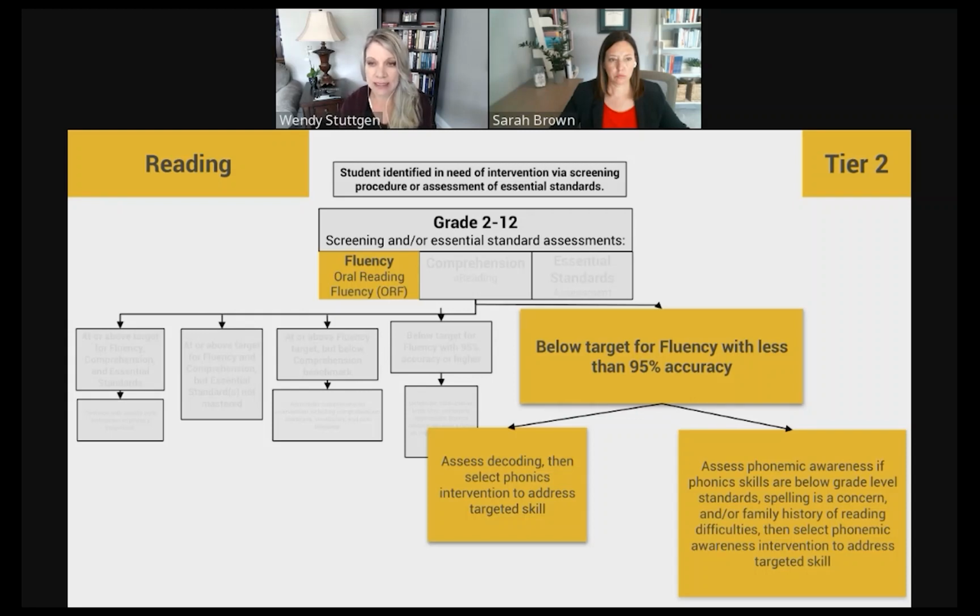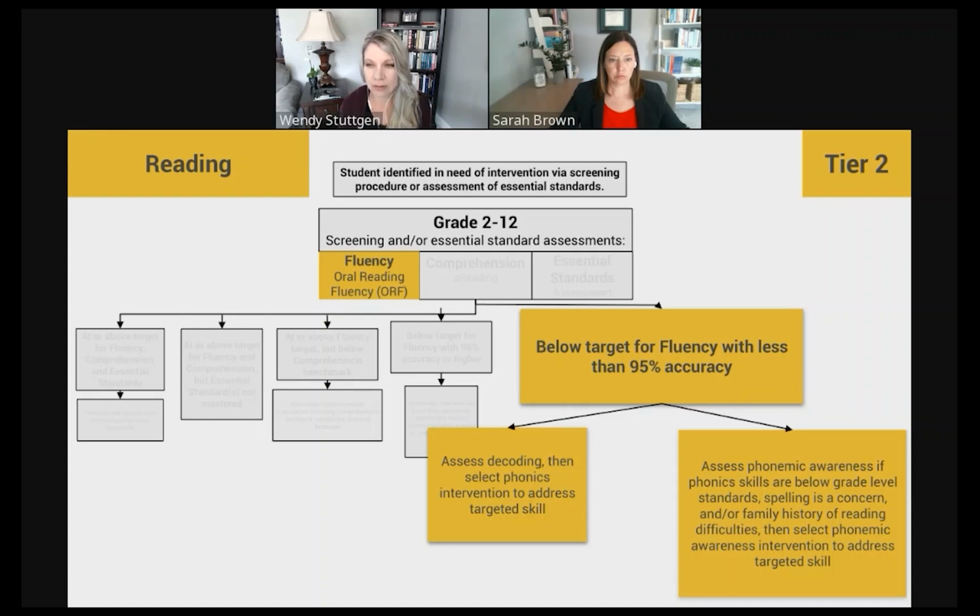So in this example, we have a second grade student who's reading 35 words per minute with 80% accuracy on a CBMR or ORF measure in the fall. So the flow chart is suggesting to assess decoding to determine the appropriately matched phonics intervention. Phonemic awareness should also be assessed if phonics skills are below grade level standards, spelling is a concern, and/or there is a family history of reading difficulties.